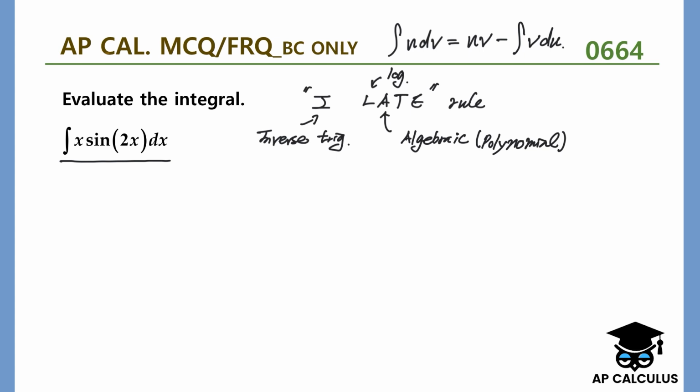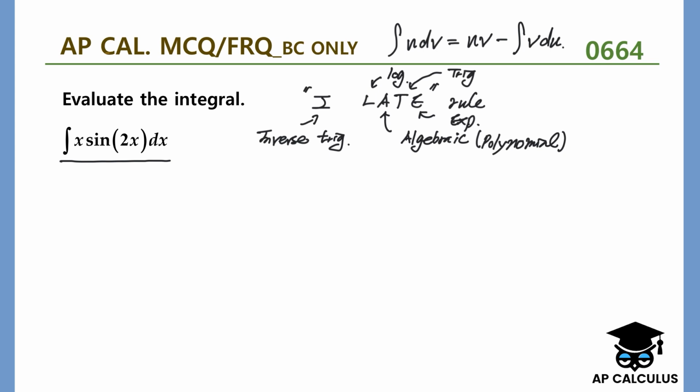T stands for trig, sine or cosine or tangent. E stands for exponential functions, usually e to the x. We set the function that is on the left as u.